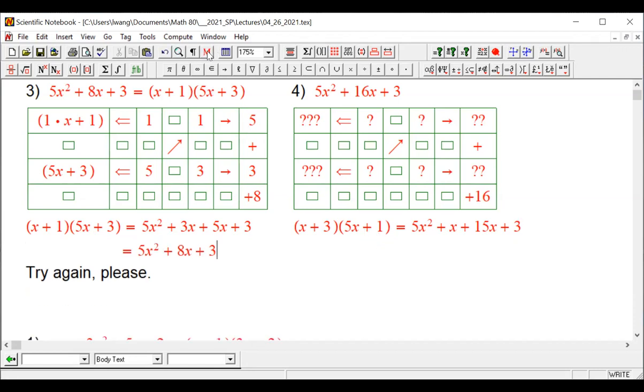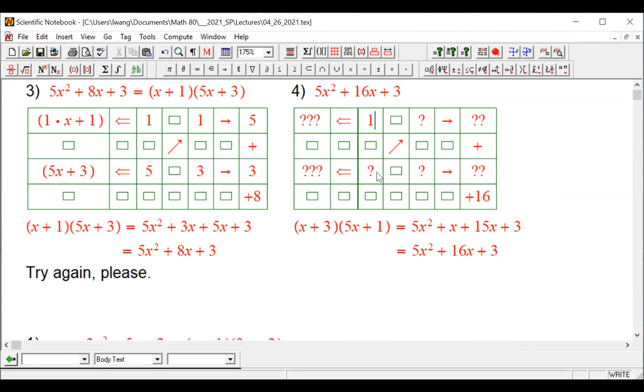Then I'm going to combine the like terms. I got the 5x squared. This is looking great, right? Perfect. You got it.